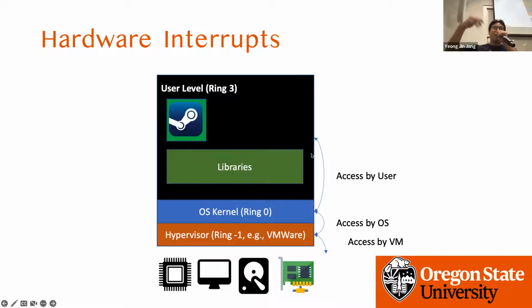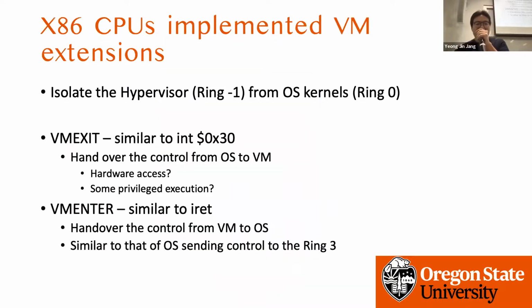So you can think of it as one more step to access the real hardware compared to running the operating system bare metal. Yeah. So this is the information on VM exit and VM enter, but the important thing is that it's very similar to interrupt 0x30 and iret, sysenter and sysexit, those kinds of things.